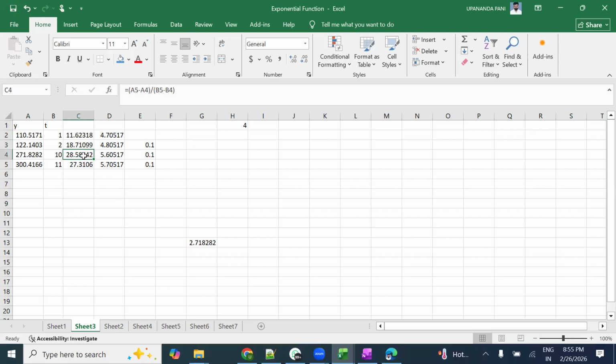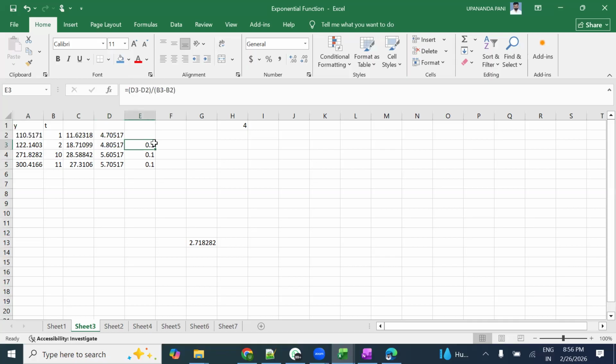It is changing, even though I used the same formula. It is changing because I am using a nonlinear function, I have not converted it into a linear function.